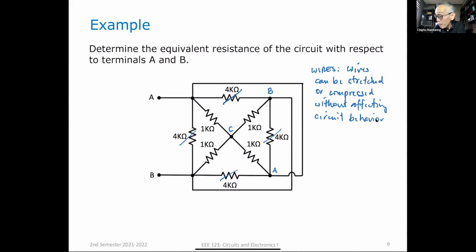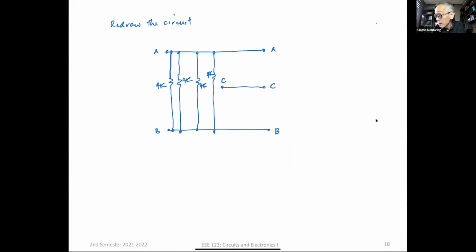Okay, now, what about this resistor? This resistor is between A and C. No? So itong 1K na to is between A and C. 1K.